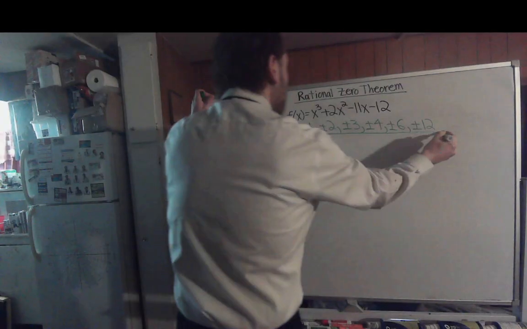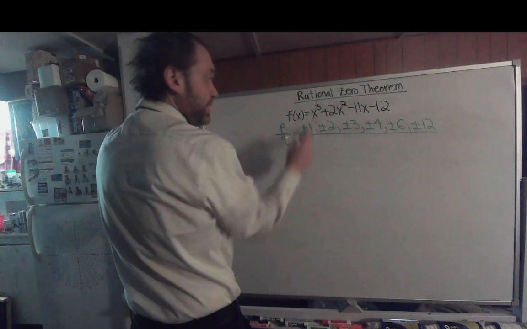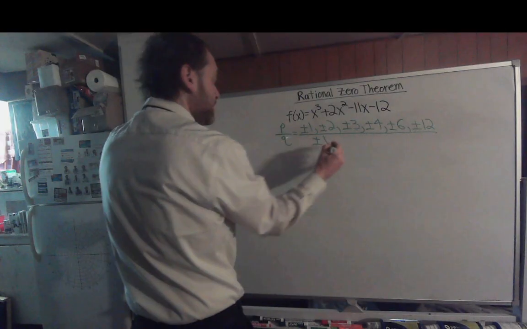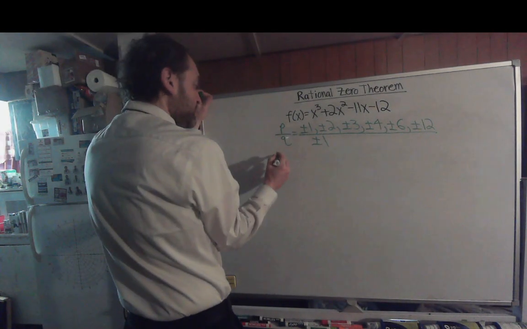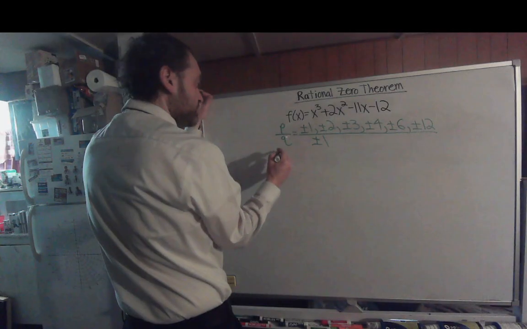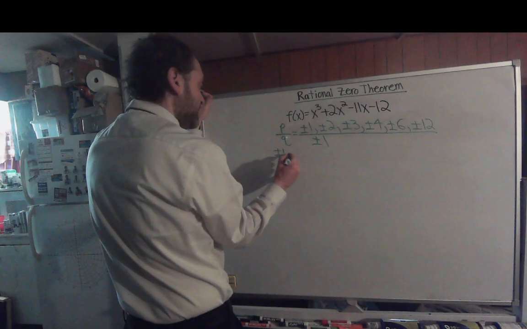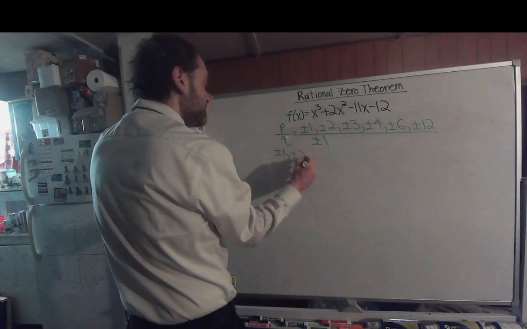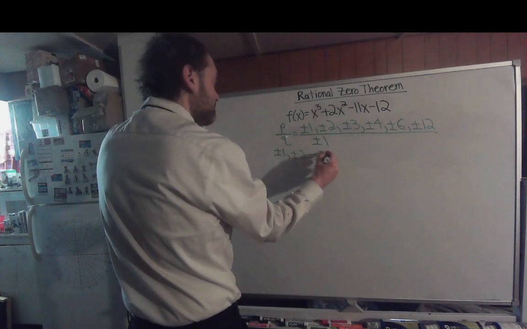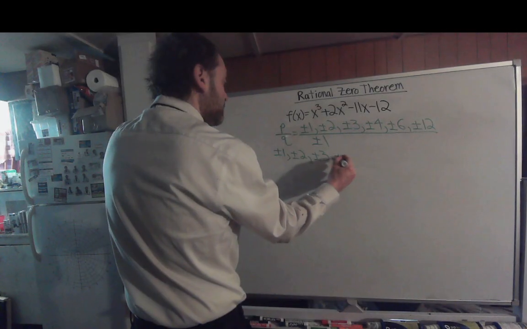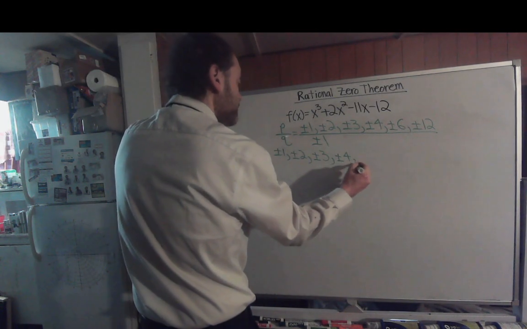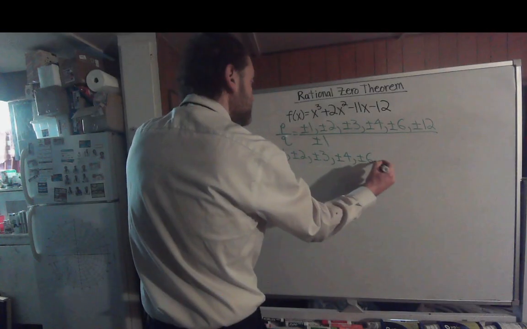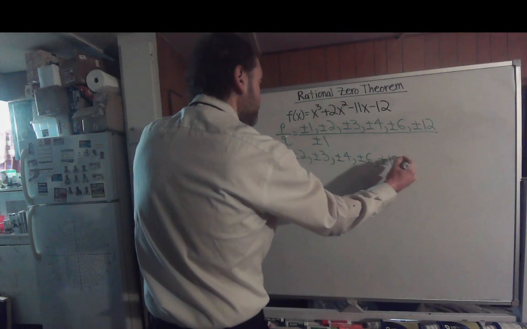All over factors of that 1 for the leading coefficient, well, that'd just be plus and minus 1. So that means your rational zeros are possibly plus and minus 1, plus and minus 2, plus and minus 3, plus and minus 4, plus and minus 6, and plus and minus 12.